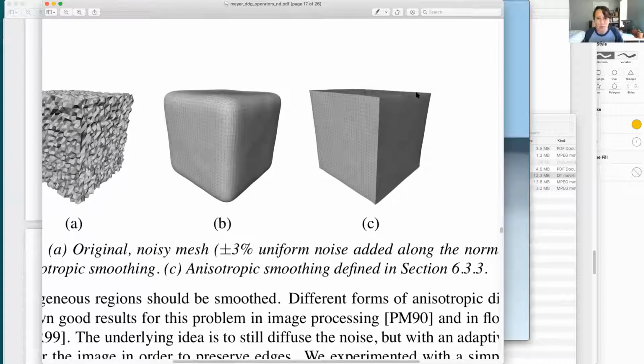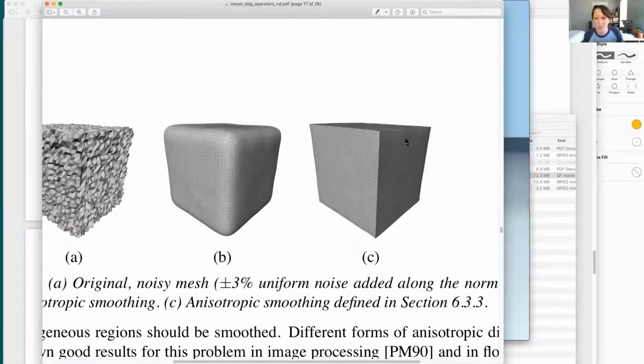Being aware of directions of principal curvature, I find this to be a little bit curious and surprising, that a notion of curvature can actually help you preserve discontinuities in curvature, right? But having these sort of globally mindful operators can actually help you do things locally that preserve global intrinsic properties of the shape. So I think that's kind of cool.